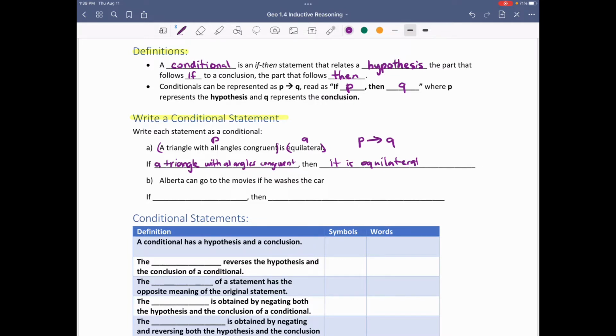Our statement states, Alberto can go to the movies if he washes the car. And just a little hint, we have our keyword if. So it's not as direct as example A, but we can see that with the keyword if in the middle of the statement, we can say that this is P and this is Q. So when we write the conditional, we would say if Alberto washes the car, because that's our P, then Q, which is he can go to the movies.